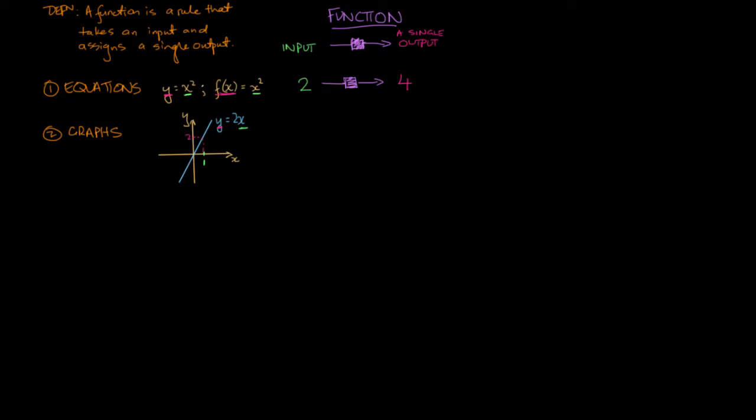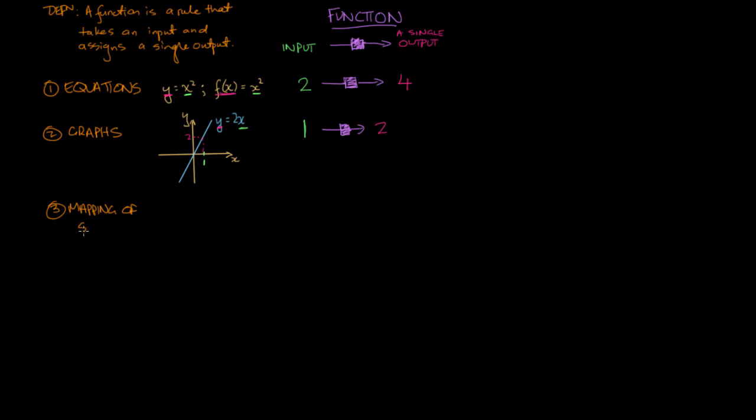So again, if we put the value of 1 in as our input, what we get at the end is some output, and it's just a single output, and that output is 2. So a graph is also a type of function. But there are other functions that you might not have heard of. The third type of function is the mapping of sets.